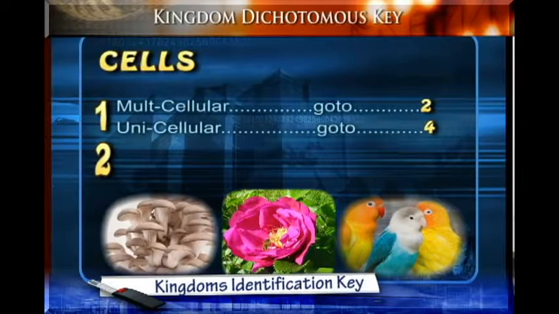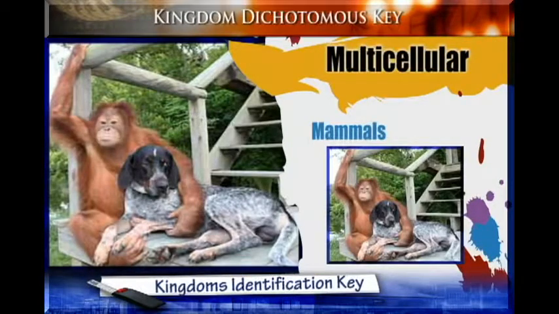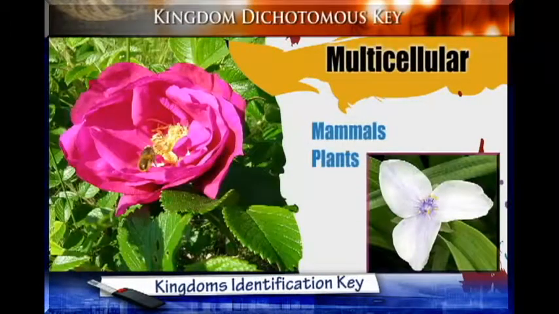Now when we go to number 2, we ask a question: which one of the following have hyphae? And which one of the following have no hyphae? Now you'll find that we have the mammals, we have the plants, and we have the fungi.